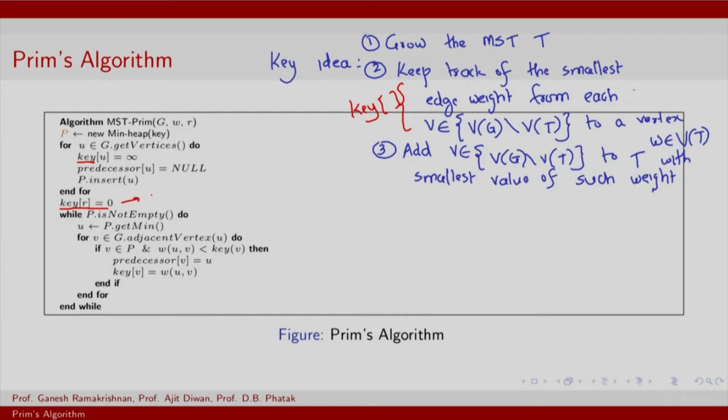So arbitrarily choose a root. All other key weights are large, and now you are going to iterate over the set of vertices in P. Make a note here that for every vertex in G we add it to P. P is basically maintained as a min heap.